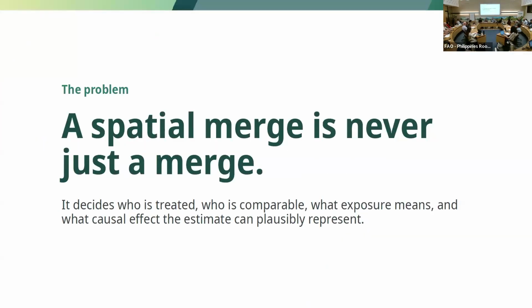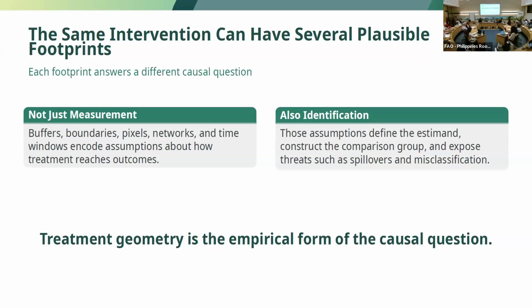All right. So frequently we think of spatial merges or other decisions that we make as a technical decision. But the whole point of this treatment geometry concept is that the decisions we make, even about something as simple as a spatial merge, define the causal estimates that we will be able to create.